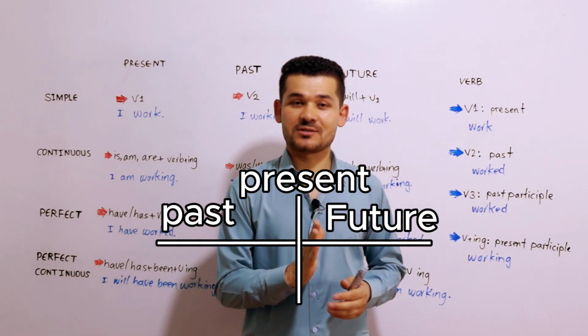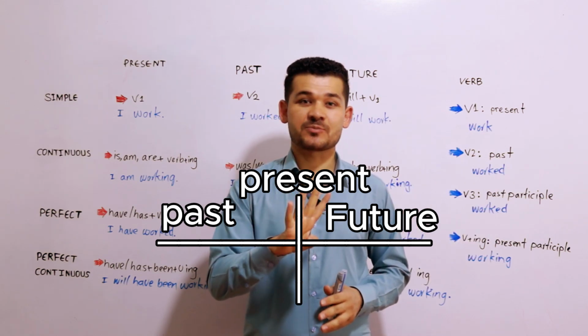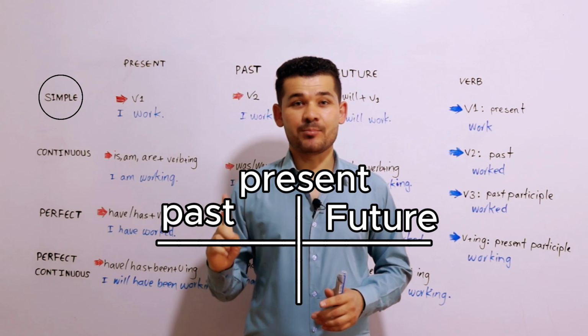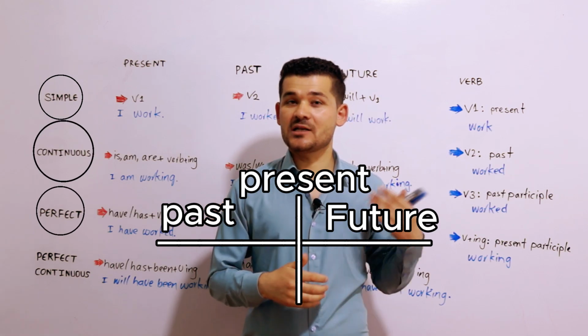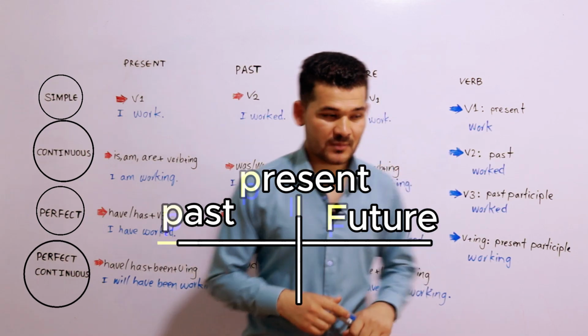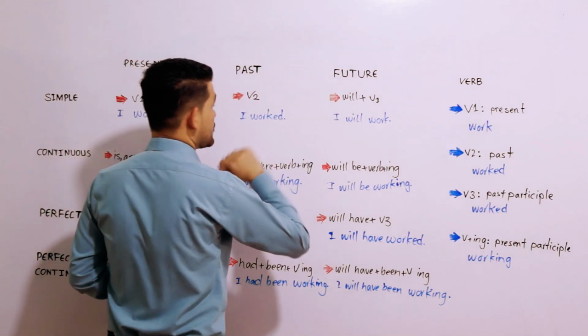In every time we have 4 aspects. We have simple, continuous, perfect, and perfect continuous. So we have present, past, and future.